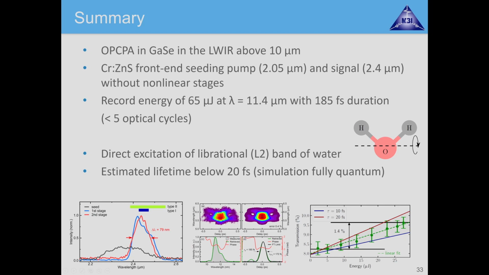It has a record energy of 65 microjoules at 11.4 micrometers with 185 femtoseconds, which corresponds to less than 5 optical cycles. And for the first time we could directly excite this librational L2 band, and we were trying to estimate the lifetime from this, which we put below 20 femtoseconds, which is just an estimation.